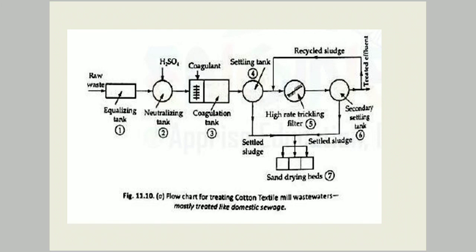Next, the water is passed to a high rate trickling filter, and then to a secondary settling tank. For process efficiency, we recycle the sludge and repeat the trickling filter and secondary settling operations, and then the treated effluent is obtained. So this is a schematic representation of how effluent water from a cotton textile mill is treated.